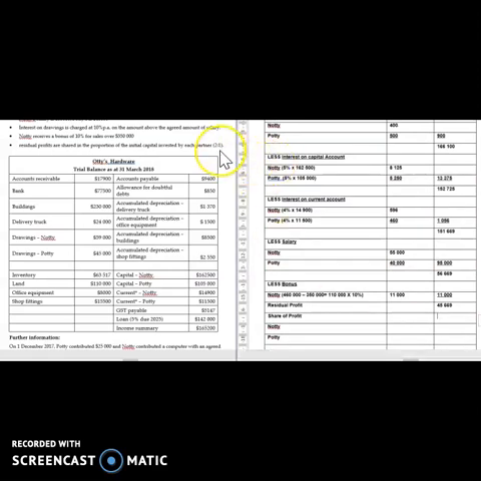And the profit sharing ratio is 2:1. That means 2/3 will be taken by Naughty and 1/3 of that profit will be taken by Potty.